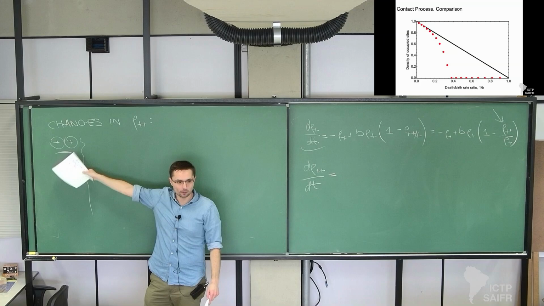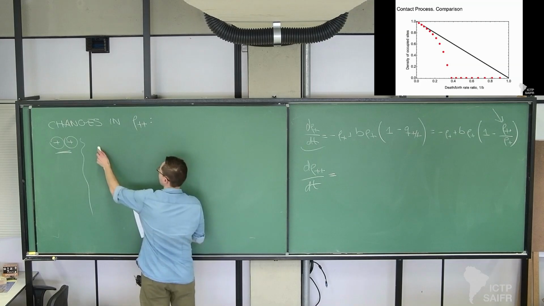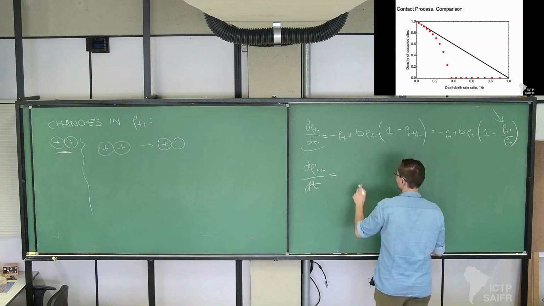Death of one of the individuals, right? I have a configuration like this, and one of them dies. Remember that I am using delta equal to 1. I'm rescaling time still. So this would be minus rho plus plus.